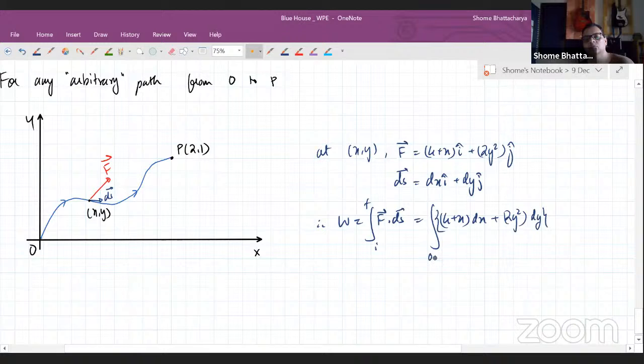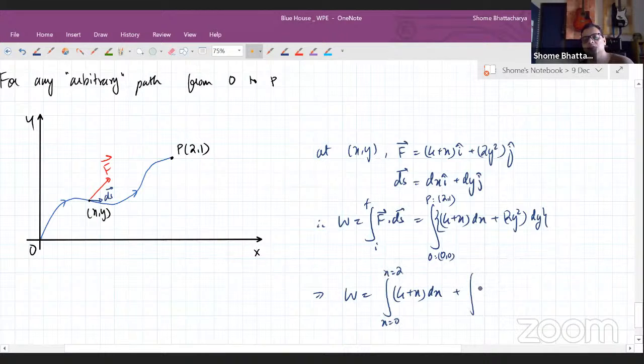From the point O, that is (0, 0), to the point P, which is (2, 1). So this work done we can separate into two integrals. Integration of (4 plus x) dx, x coordinate changing from 0 to 2, plus 2y square dy, y coordinate changing from 0 to 1.